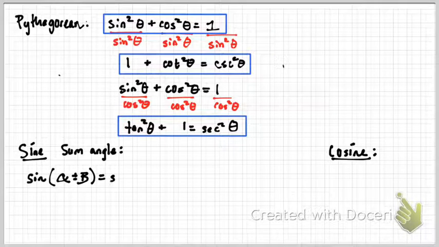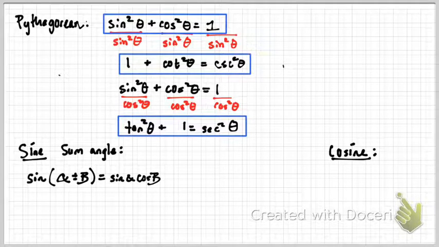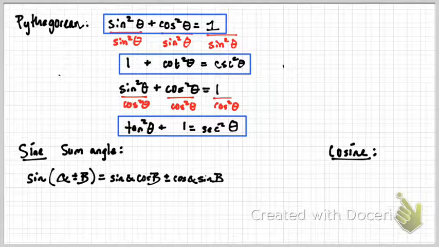Sine alpha cosine beta. Mm-hmm. Cosine alpha is plus, and what's going to go underneath? A minus, plus or minus, and then what's next? Cosine alpha. Good, sine alpha. Same sign, right? You're doing the same thing.